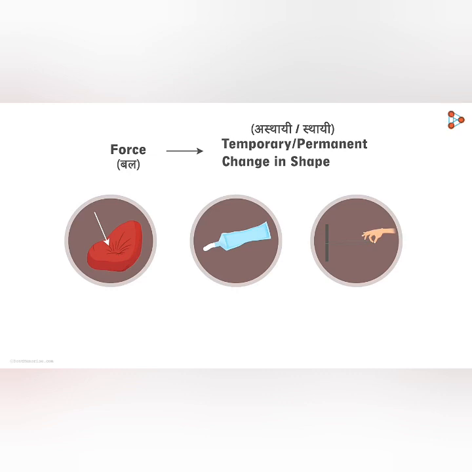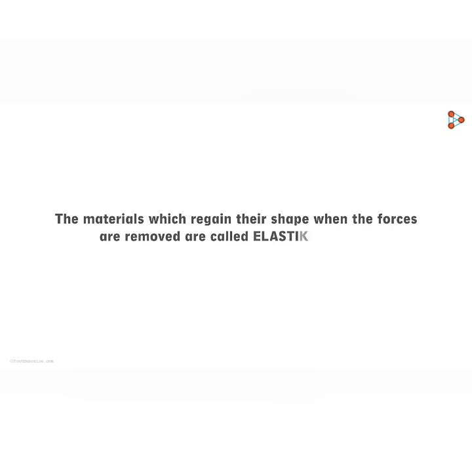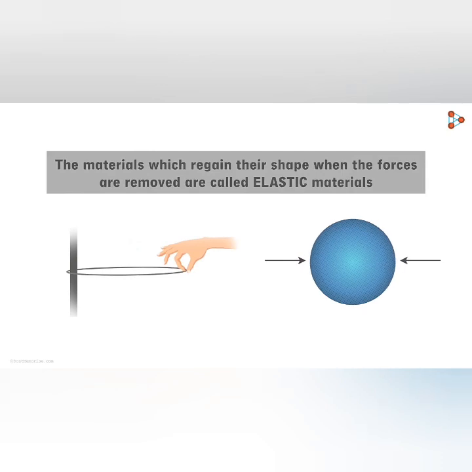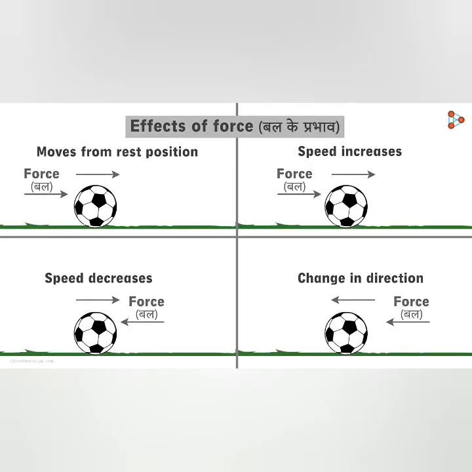When you stretch the elastic rubber band, there is a temporary change. Why are there temporary changes in some of the materials, and what do we call those materials? The materials which regain their shape when the forces are removed are called elastic materials.